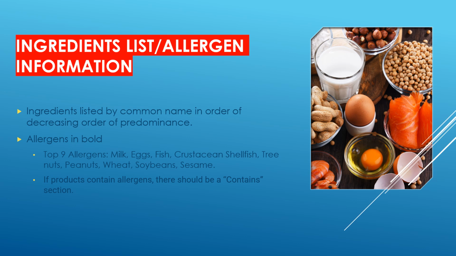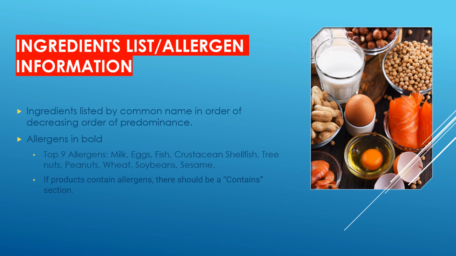As a reminder, the top 9 allergens in the US are milk, eggs, fish, crustacean shellfish, tree nuts, peanuts, wheat, soybeans, and sesame. Now, if a product contains allergens, there should be a contains section on there.